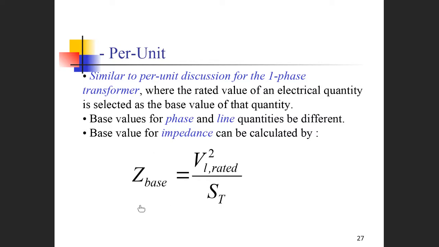Now, for the base values of the impedance, this is actually the per star phase value. So the base impedance value, look at here, uses the line voltage squared over the 3-phase total power.